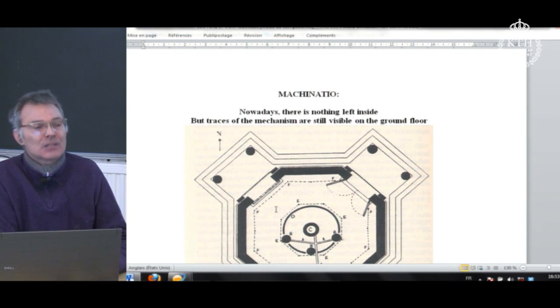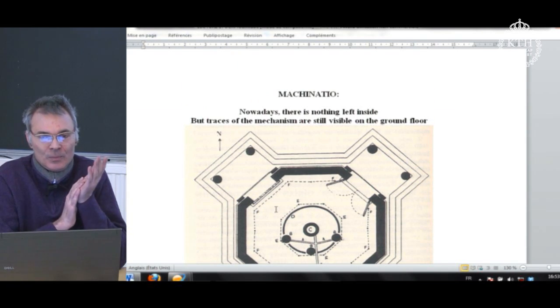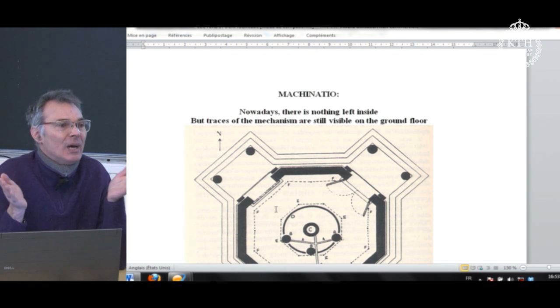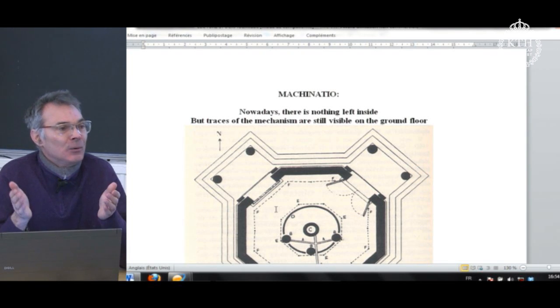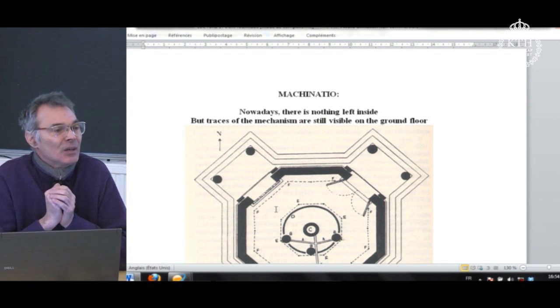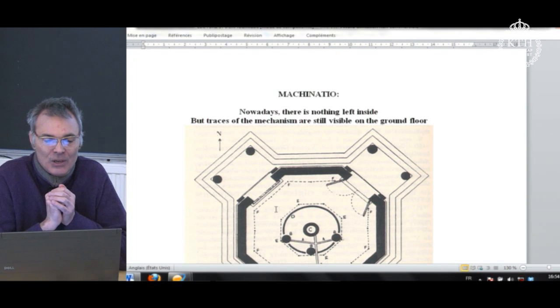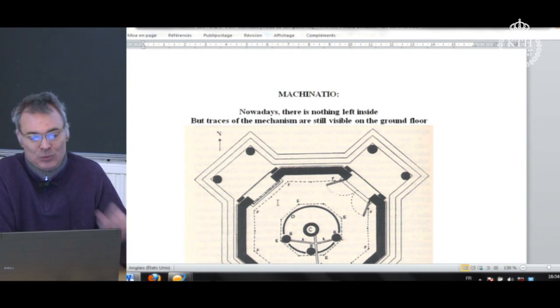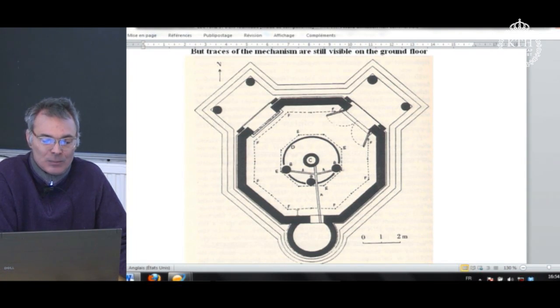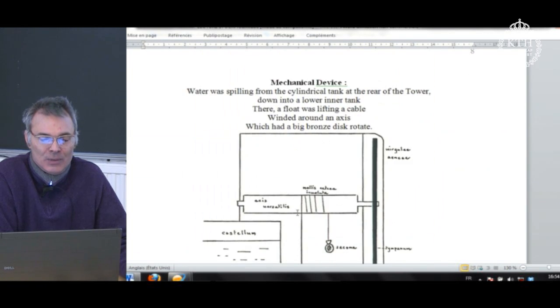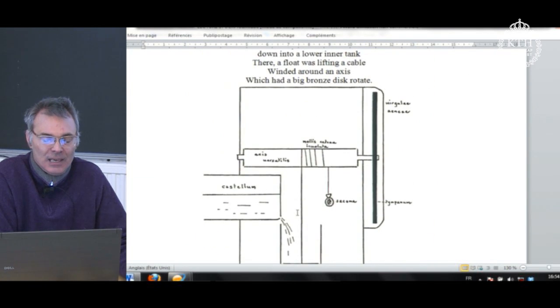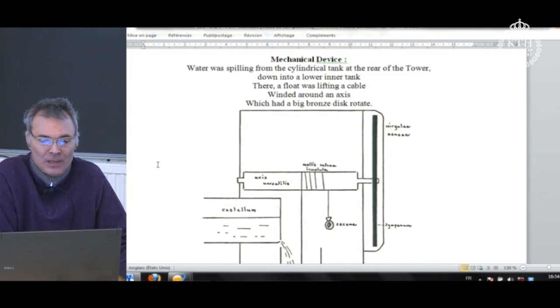Now, let's switch to machinatio. So nowadays, if you go to Athens, you see nothing within the building. There is nothing left of a huge mechanism that was inside and that has been reconstituted by American archaeologists 30 years ago.